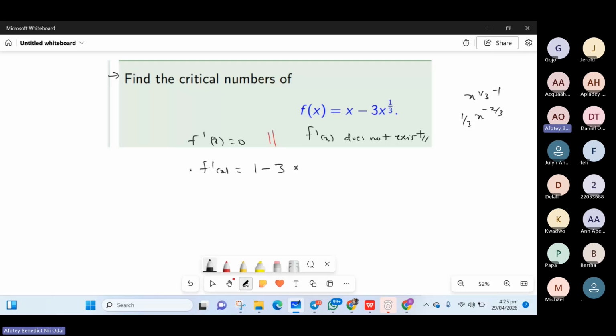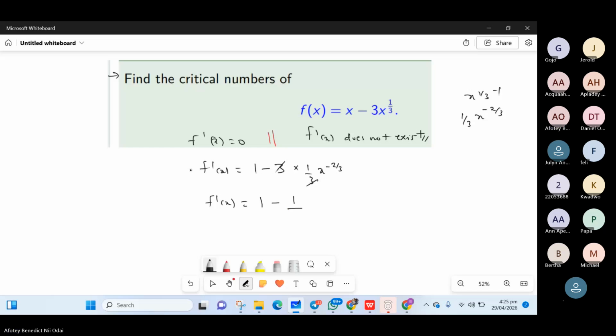So we get 1 on 3 x to the power negative 2 on 3. Again, if there is any part that you don't get, stop me right away so that we can go over it before we proceed. So we get 1 on the third root of x squared.